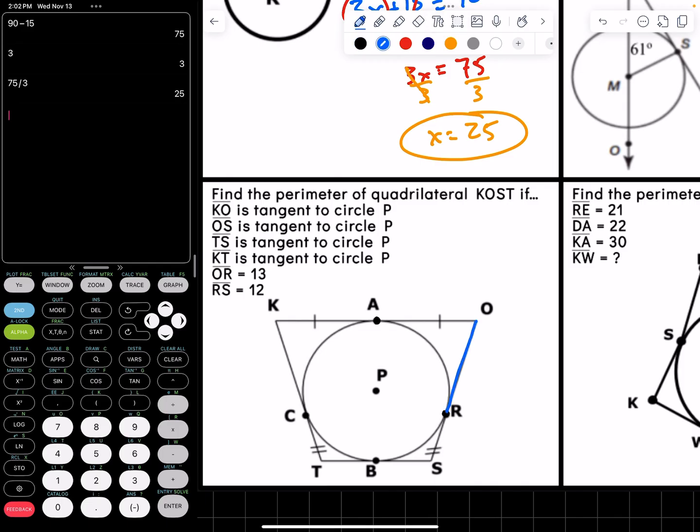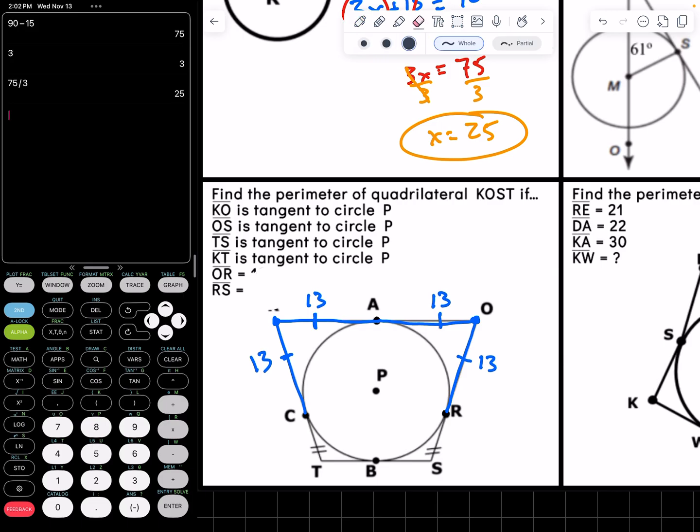OR, they tell us, is 13, but OR meets OA out here at point O, so these two pieces are going to be congruent. And if OA, that had a single tick mark on it, is 13, then KA is also 13. And because KA and KC are tangent lines that meet at point K, I know that KC is also 13. So just by giving that one piece of information, OR, I can determine those four line segments.